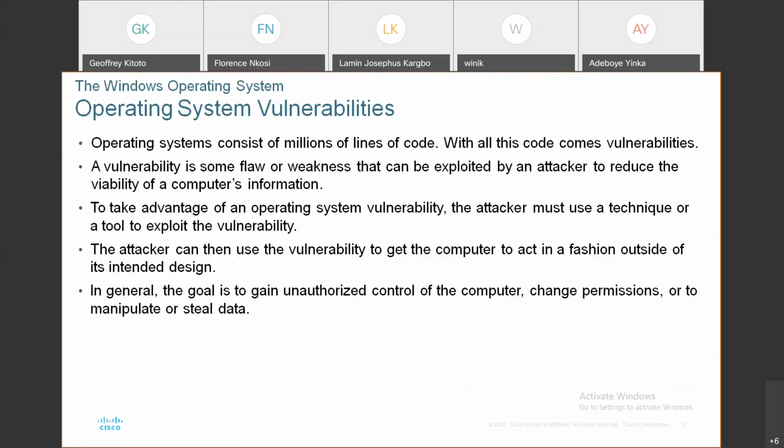There are some weaknesses of operating systems, that is, the vulnerabilities of operating systems. Remember, attackers normally take advantage of vulnerabilities that might be there in the operating system. And that's why they use this as a backdoor to get into your network.